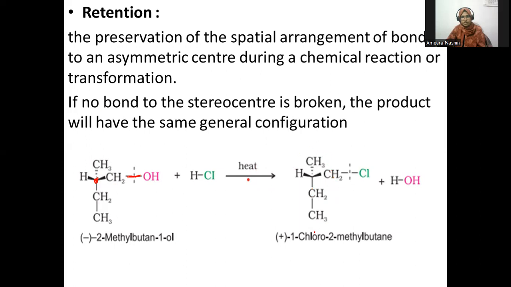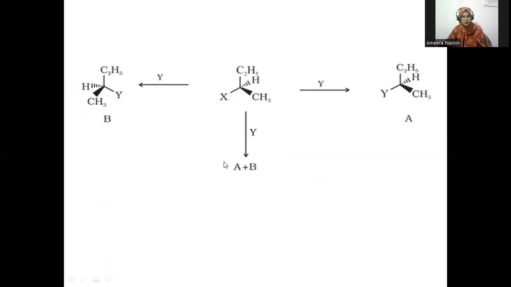The configuration gets retained. See, here an interesting fact is that the reactant was levorotatory, but the product is dextrorotatory, but the configuration has not changed. So the configuration and the direction of rotation can be different, and those two are not related to each other.